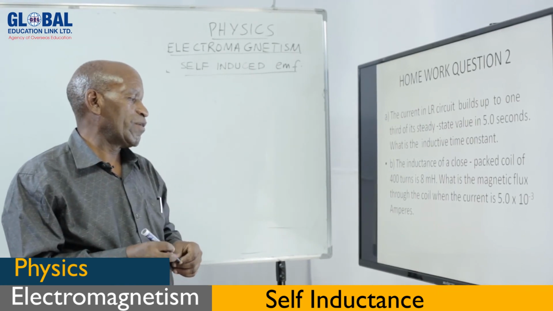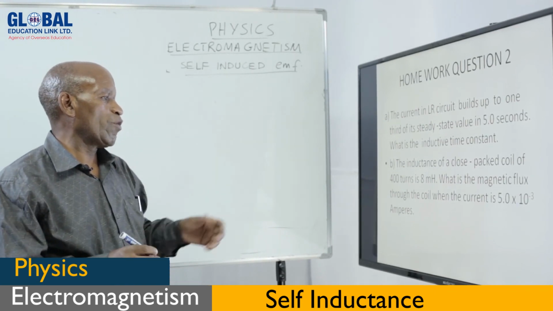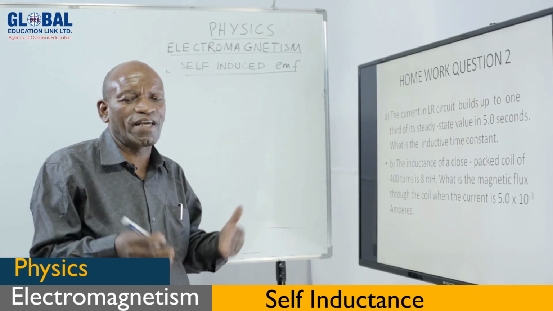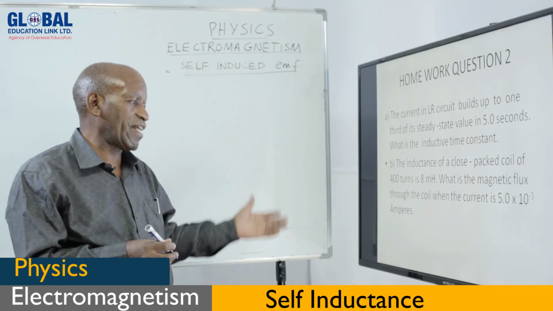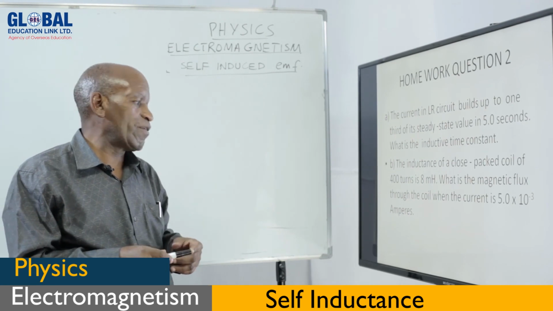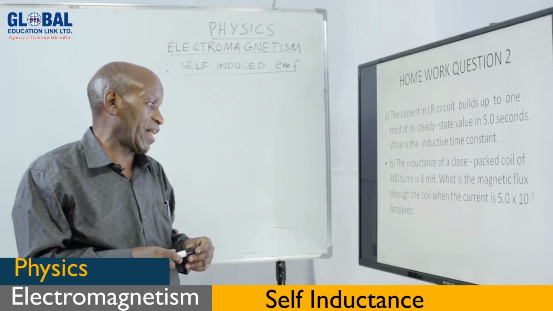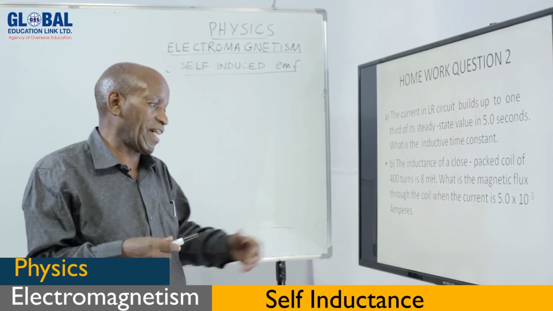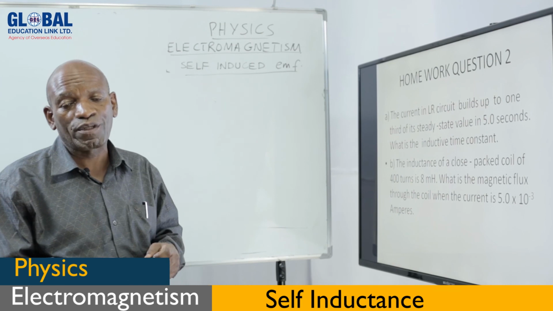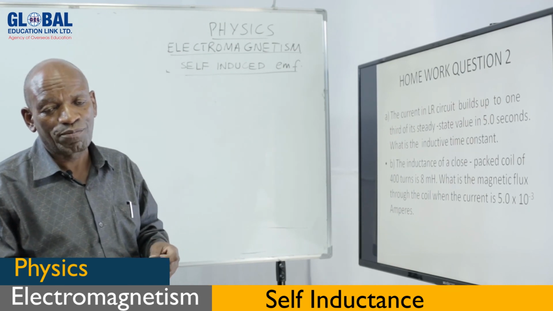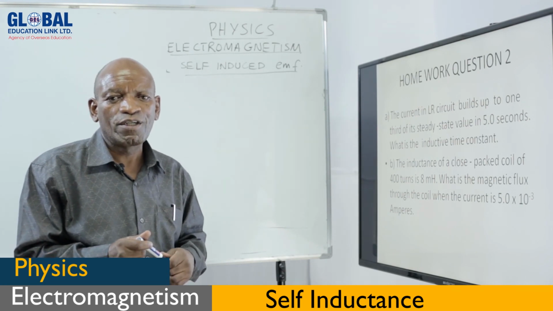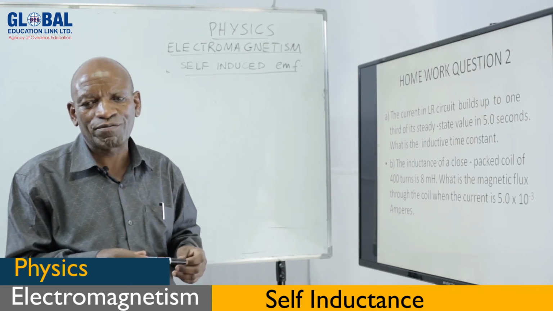So in this part, we are given a coil which works as an inductor, with 400 turns and 8 millihenries, and you need to determine the magnetic flux whenever a current of 5 times 10 to the negative 3 amperes flows in it. I hope you can do it by referring to the previous formula which we have already used and derived in our previous case.